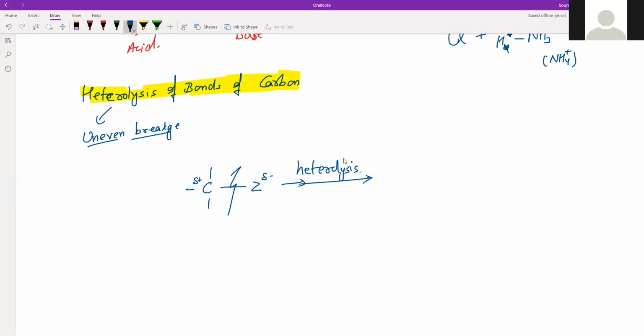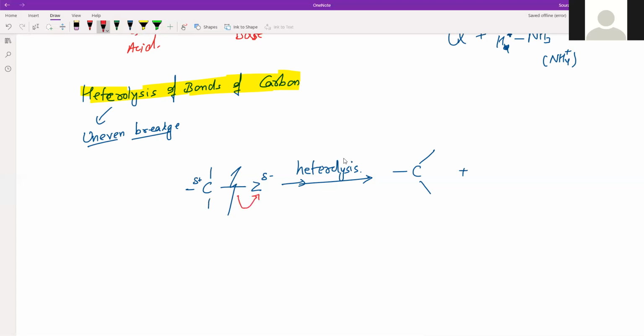So now this carbon is like this, right after cleavage, and obviously the shared pair of electrons has moved from here to here.